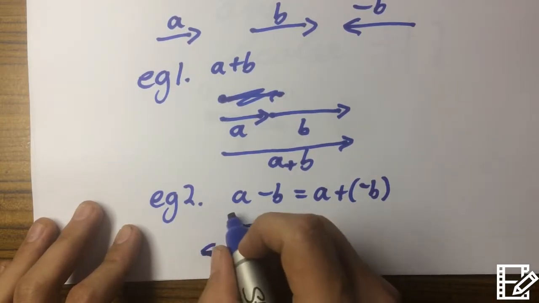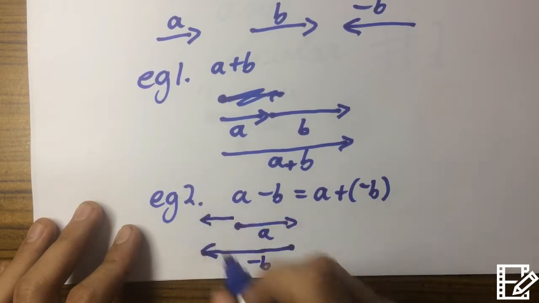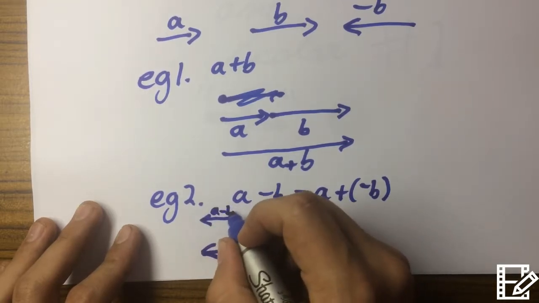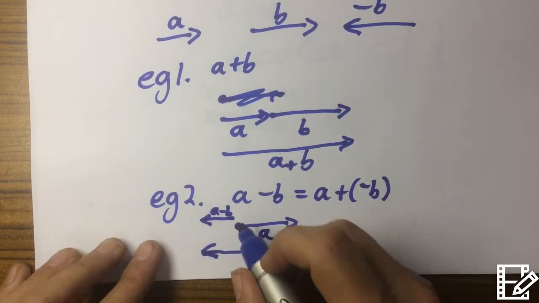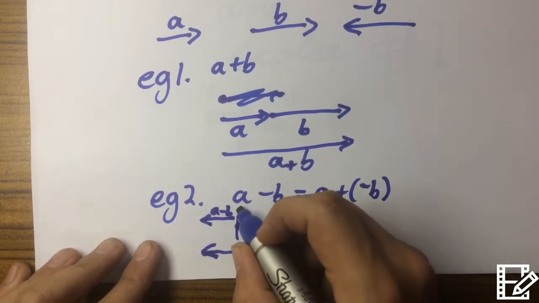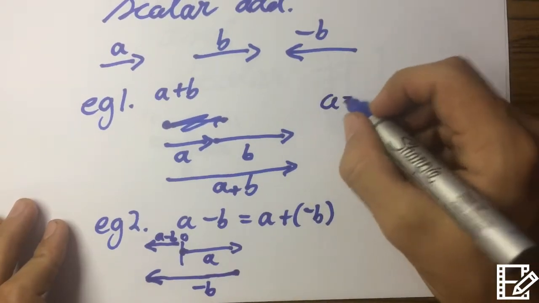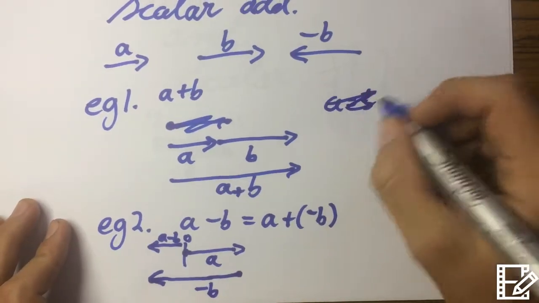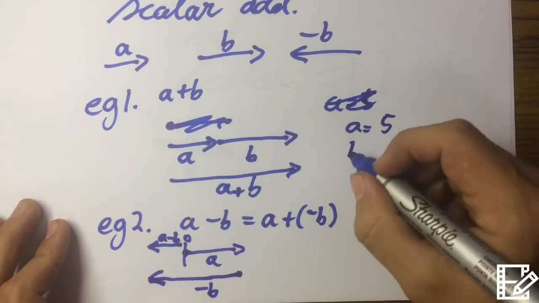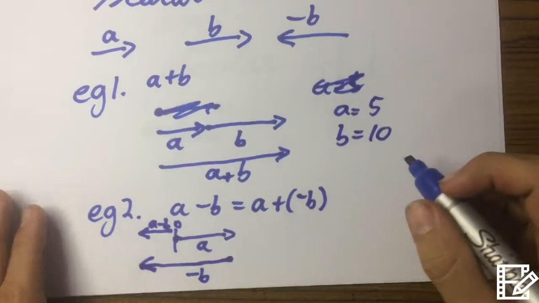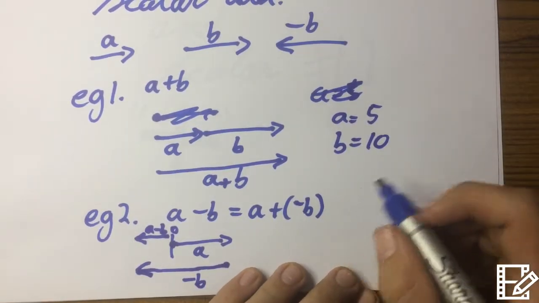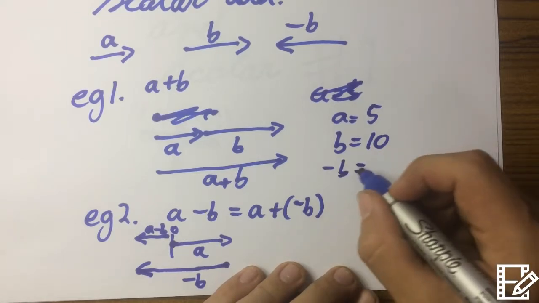Therefore, this little bit here would be A take B. This here is, let's say, 0. So say A equals 5, and B equals 10. Negative B would equal negative 10.